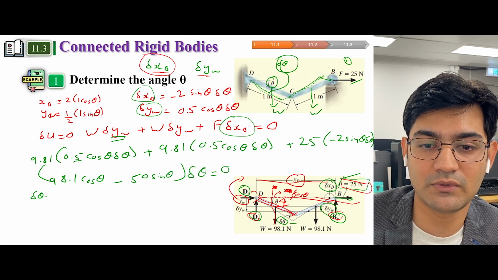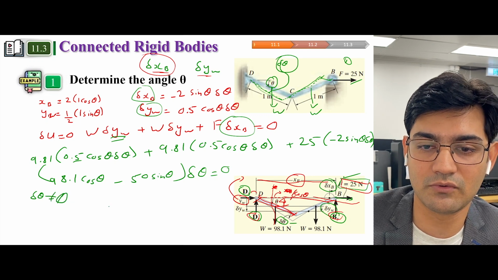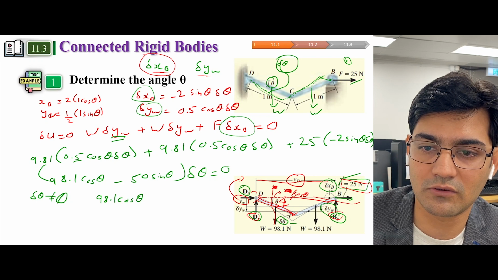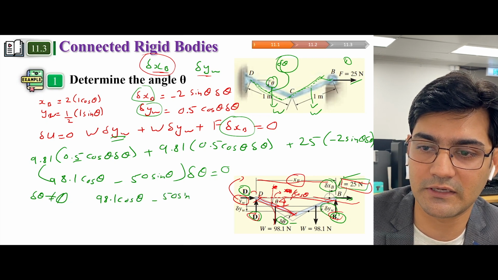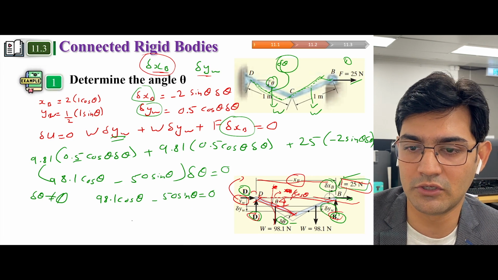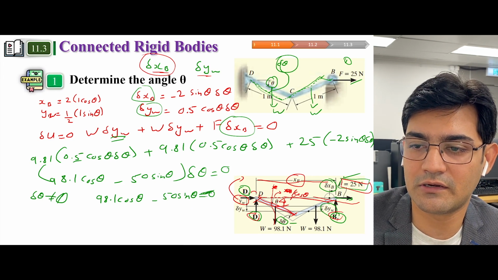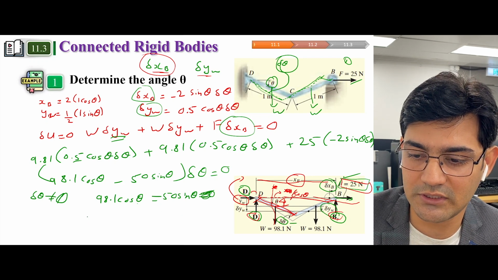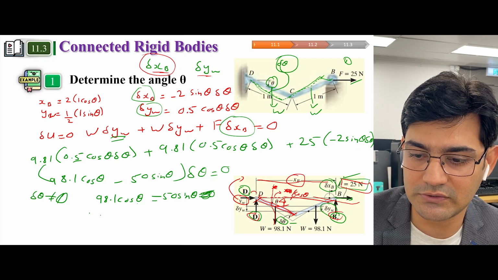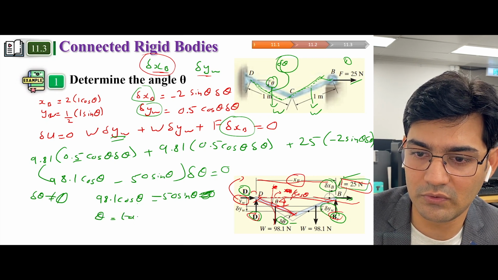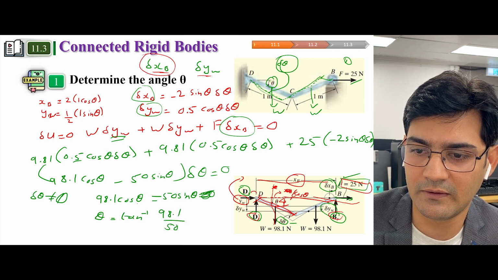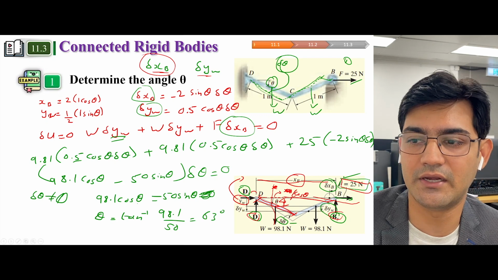The rotation which we applied cannot be equal to 0, so all we are left with is 98.1 cos of theta minus 50 sine of theta is equal to 0, and the theta will go there, so it will become, and sine theta over cos theta is tan theta, so theta would be equal to tan inverse of 98.1 divided by 50, which is equal to 63 degrees.